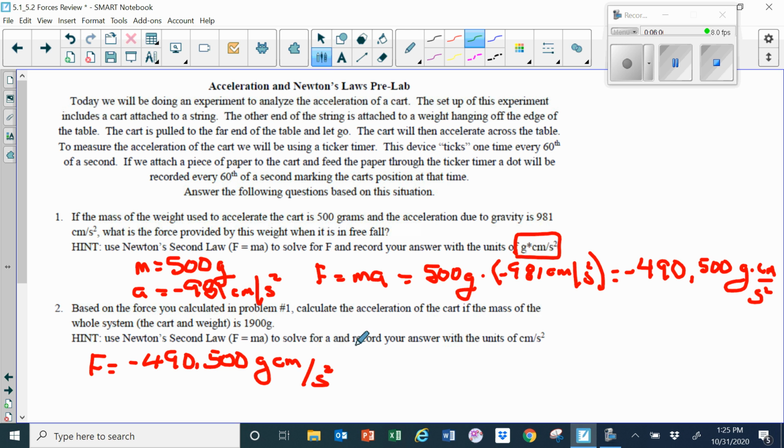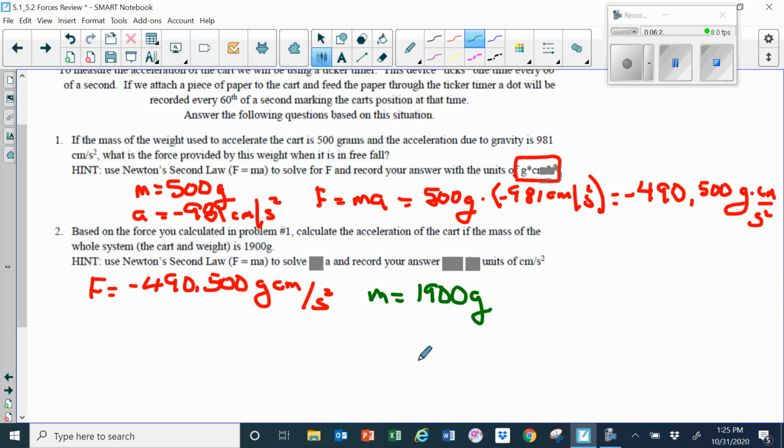This problem tells us that the cart and the weight together have a mass of 1,900 grams. So it must be that the cart has a mass of 1,400 grams, because we know the weight. Let's solve for the acceleration.